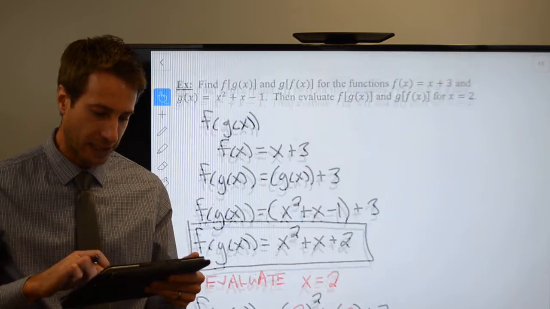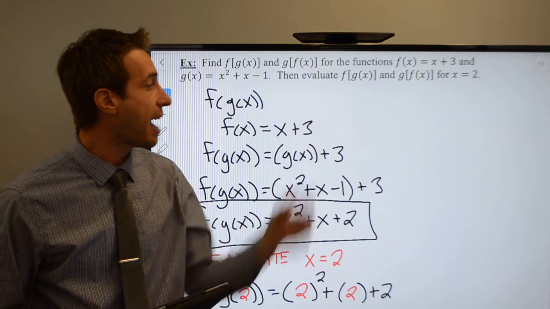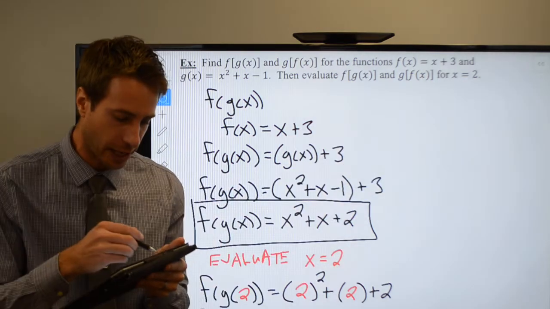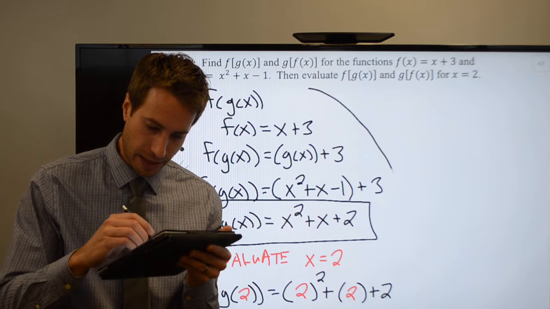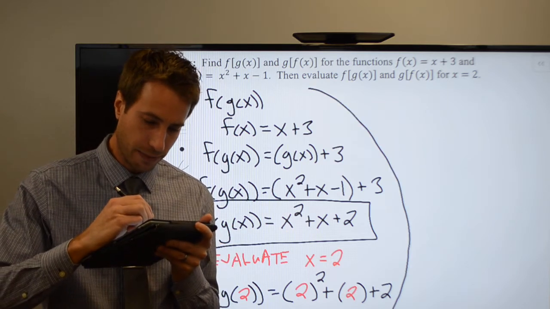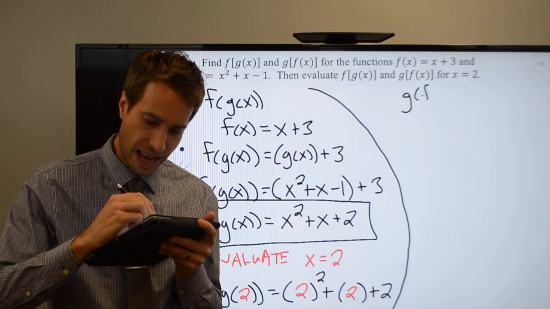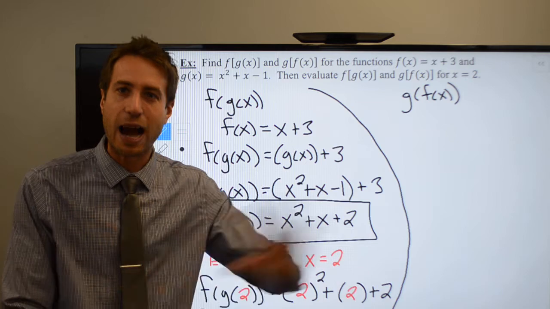All right, that's not the only one. I also ask you to do g of f of x. So let's do that one right over here. Let's divide this and draw a little line there so we don't get lost. And we're going to do g of f of x. Again, what I've got to do is work outside in.